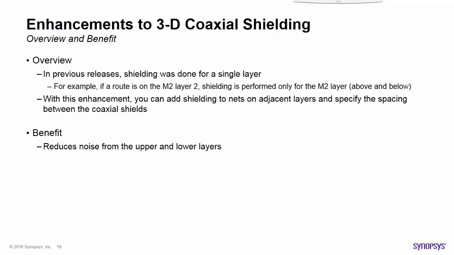With this new feature, now we can add shield to the nets in adjacent layers, which will help avoid noise from upper and lower layers. We will now have the ability to let the user specify the spacing between the coaxial shields. The biggest benefit of this feature is that it will reduce the noise from upper and lower layers.